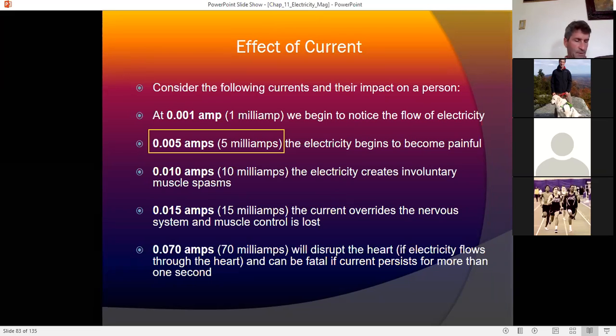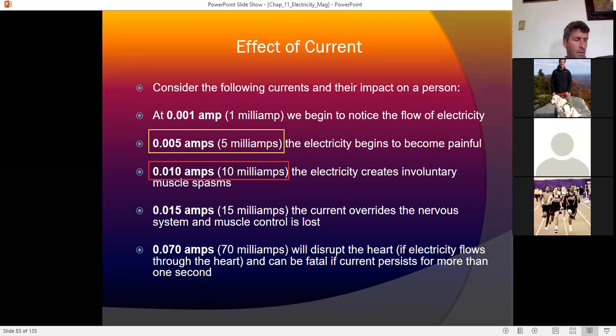Here's where we have problems. Go up to 10 milliamps, and now not only are you stimulating the nerves in your body, you're also interfering with the nerves that are controlling your muscles. At 10 milliamps, if I touch something that has a voltage to it and send 10 milliamps through my body, I may not be able to pull away because the electricity is going to override my voluntary muscles.